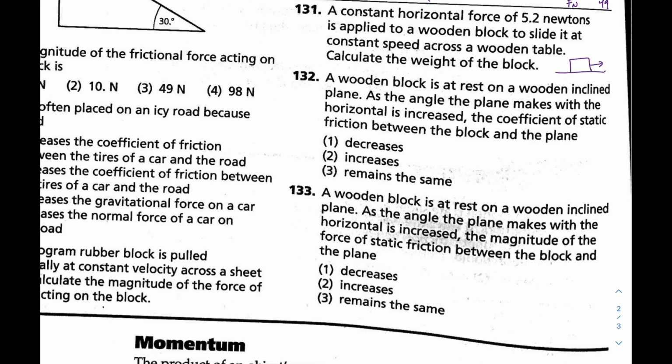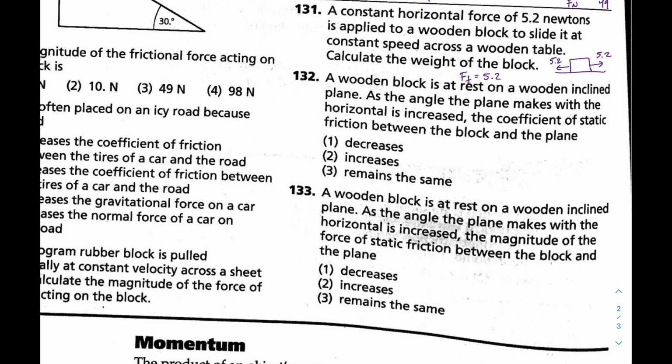If there's a force this way and it's moving at a constant speed, meaning it's in equilibrium, the force in the other direction must be the same. So we're telling you, hey, I'm pulling it with 5.2 newtons. What's the weight of the block? Well, that means that this force back this way must be 5.2 newtons, which means that that is what the force of friction is equal to. The force of friction must be equal to 5.2 newtons.